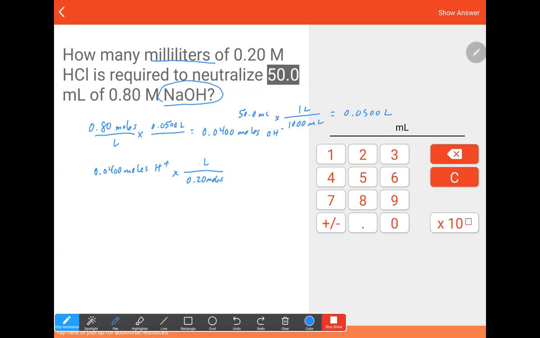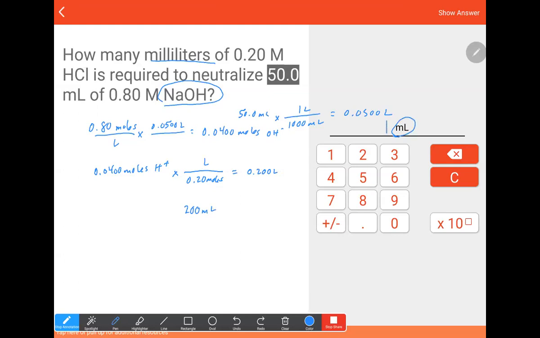For every 1 liter of HCl, there's 0.20 moles. This is going to cancel moles. So 0.04 divided by 0.2 will tell me how many liters. That's 0.200 liters. Now I'm going to multiply that by 1,000, and I get 200 milliliters. Notice it asks for milliliters, so I have to solve for milliliters.